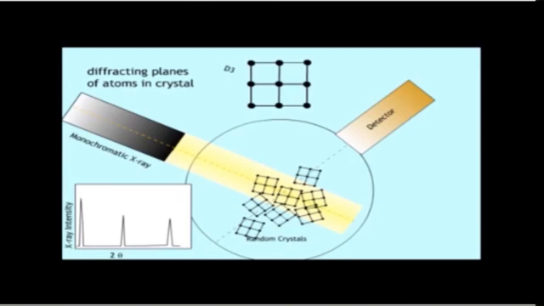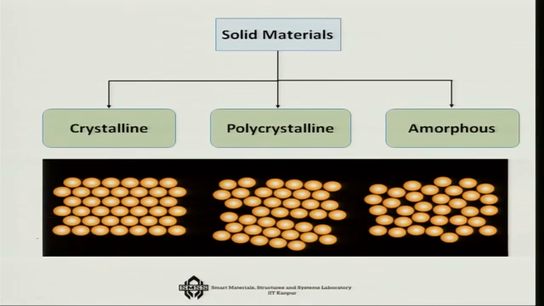Thus every solid material can be subjected to this XRD testing, and we can find out first whether it is crystalline or not. If it is crystalline, there can be another variation that it may have many crystals, not a single crystal. These are called polycrystalline systems.